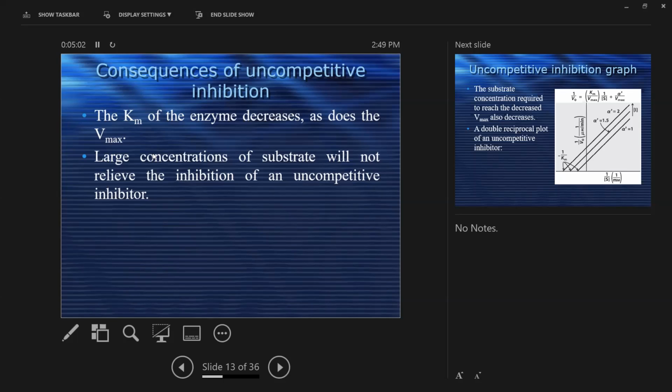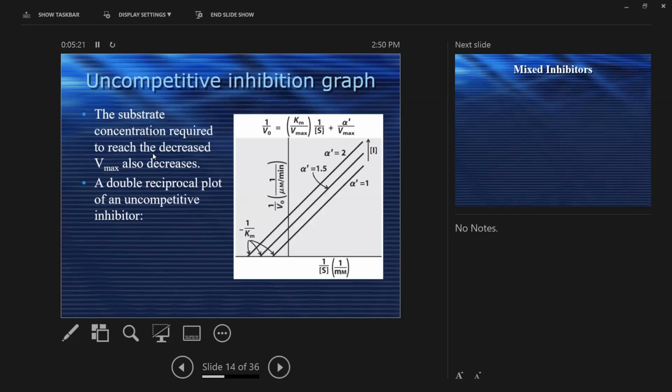Also, unlike competitive inhibitors, you can't overcome the inhibition of this enzyme with more substrate. So now your graph is going to look like this.